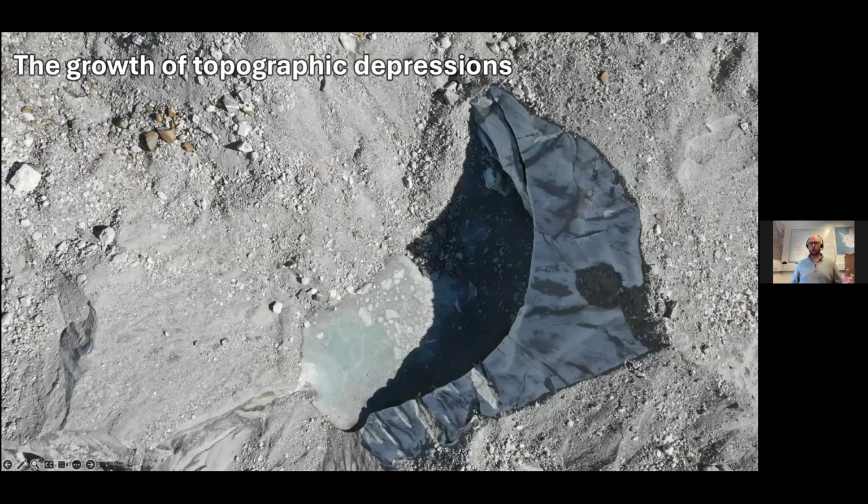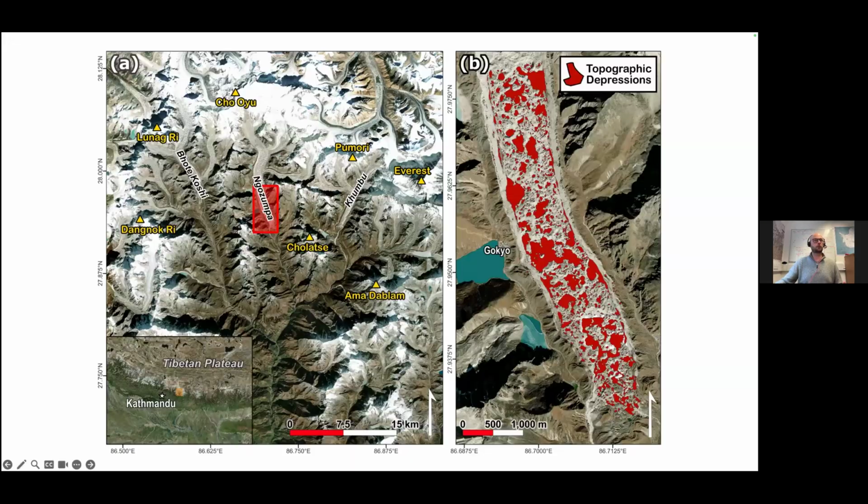So now let's turn our attention to the depressions. And these topographic depressions are low spots in the topography, or topographic sinks, where ponds can form. And when we look at debris-covered glaciers, like in this particular example that I'm going to show you as soon as my slide advances, there we go.